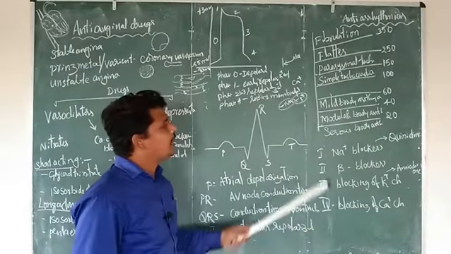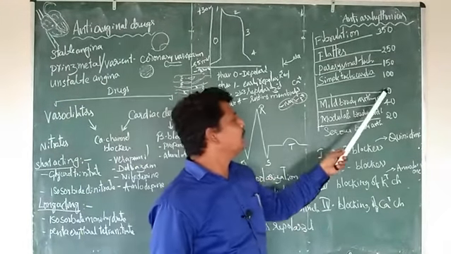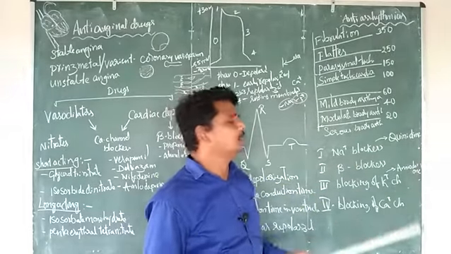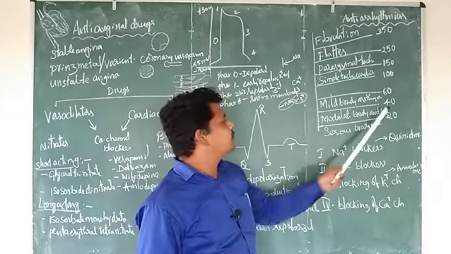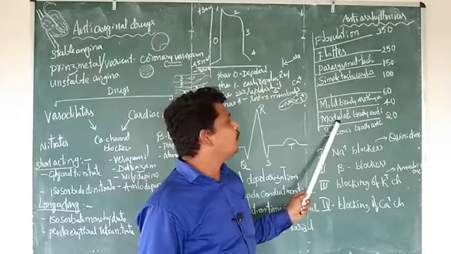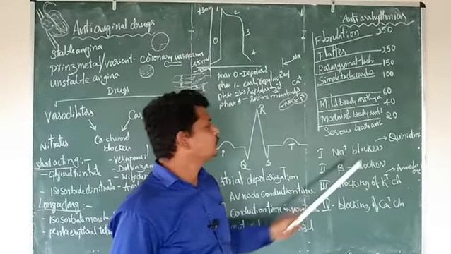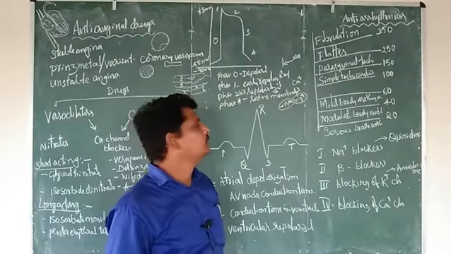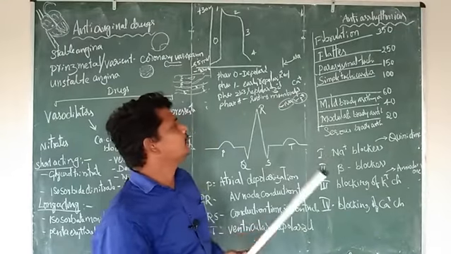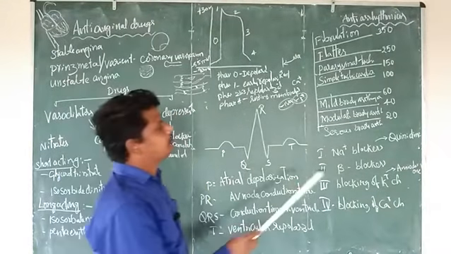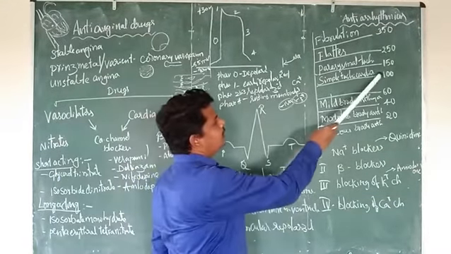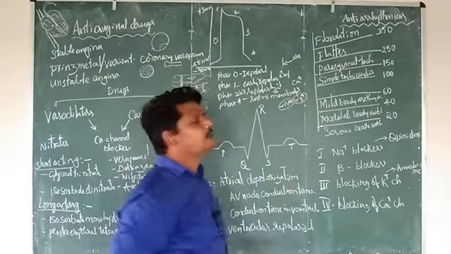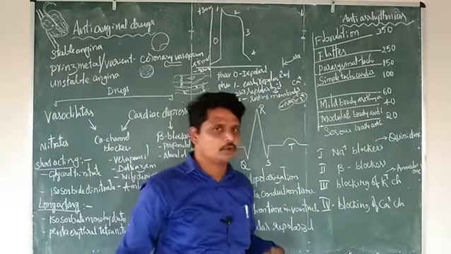Likewise, if the heart rate is between 60 and 40 beats per minute, it is called mild bradyarrhythmia. If it is 40 to 20, it is moderate bradyarrhythmia, and if it is less than 20, it is serious bradyarrhythmia. So the heart should maintain a specific rate, 60 to 100. If it increases or decreases, it causes problems.